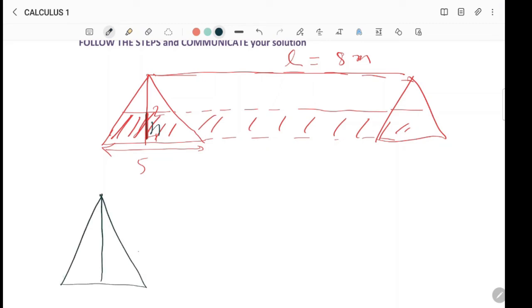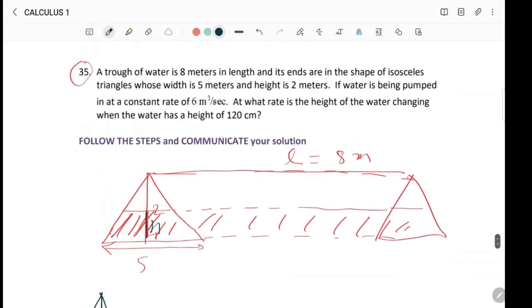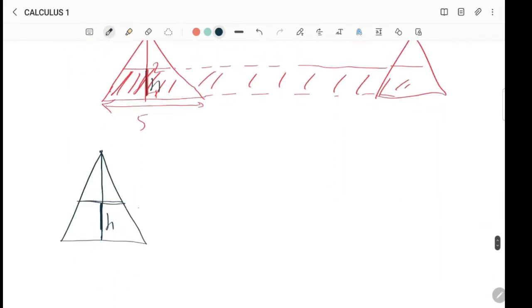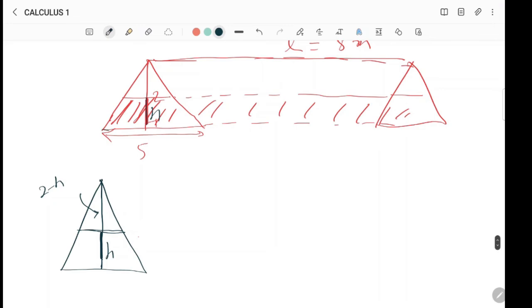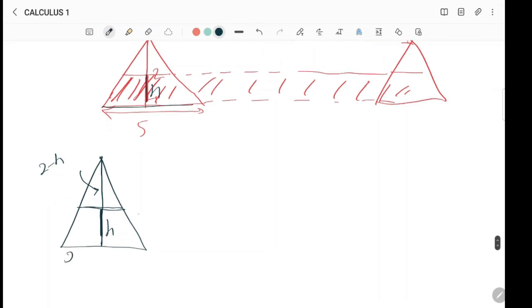This is our water height, this is our h, and the total height of this trough was 2 meters. So this height will be 2 minus h, and the width is 5, so it is 2.5 and 2.5. This width I don't know, so that is x and x, and this is 90 degrees, right?